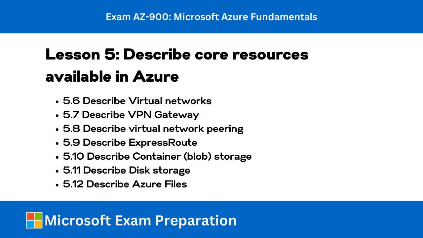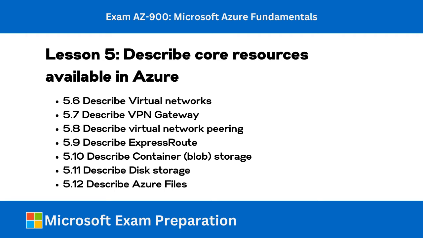We'll then get into some network topics. You'll learn about virtual networks in Azure, and you'll learn about VPN Gateway and virtual network peering for connecting networks. You'll find out how ExpressRoute can offer high-speed connections between Azure and your on-premises networks. We'll talk about storage services in Azure, such as container or blob storage, disk storage, and Azure Files.